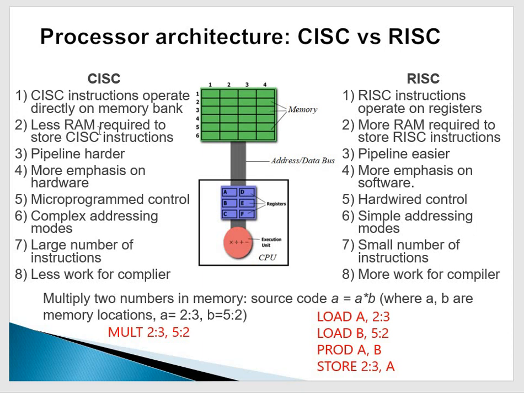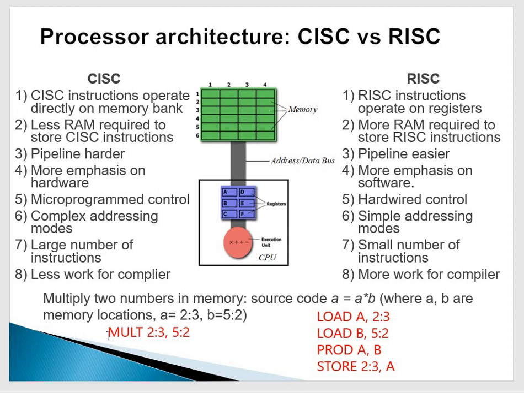So as per the feature of the CISC processor, this particular instruction can directly fetch or load the data of memory locations 2 and 3 for number A, and locations 5 and 2 for number B. It will read the data, get these numbers into the CPU, multiply them, and then store the result at locations 2 and 3.